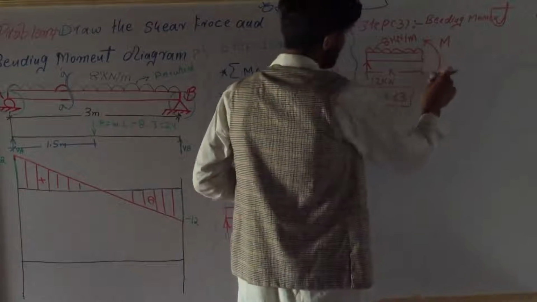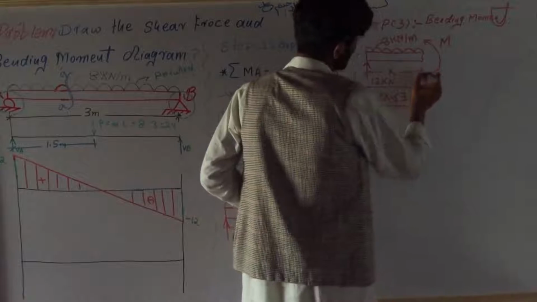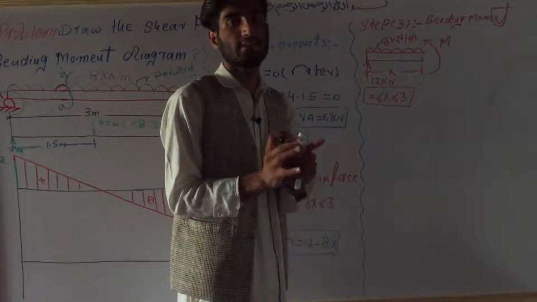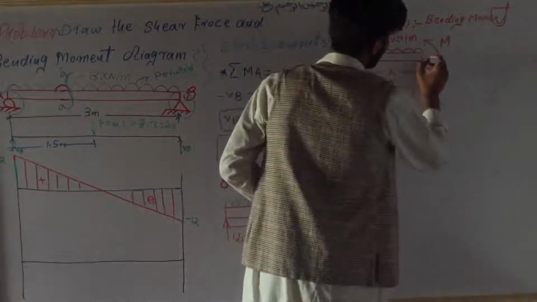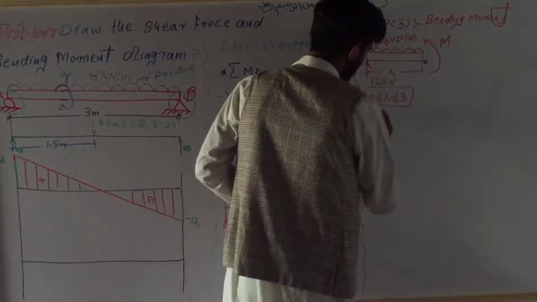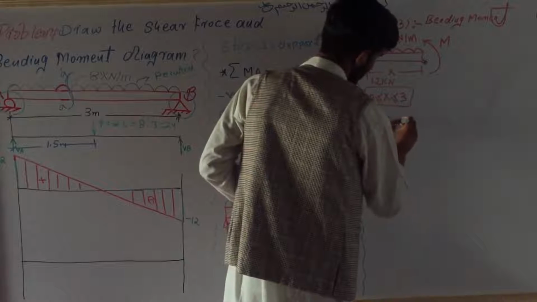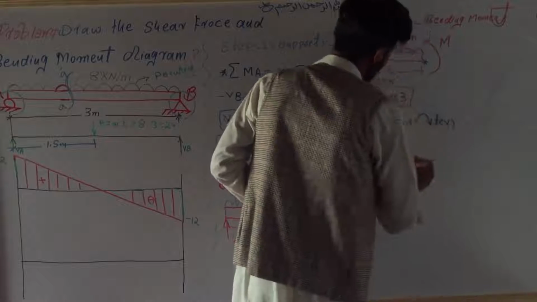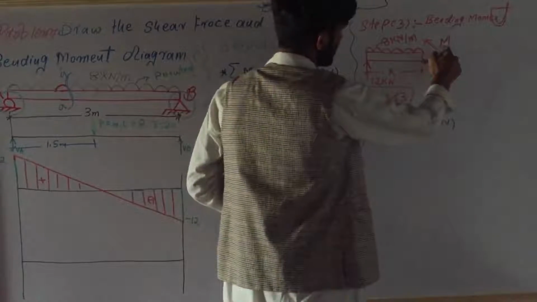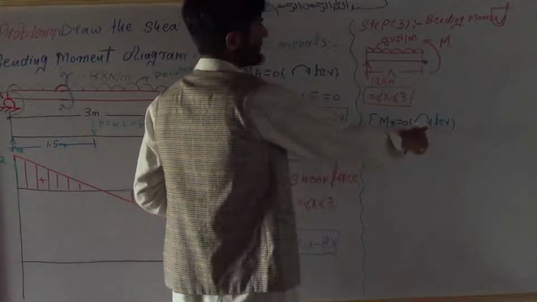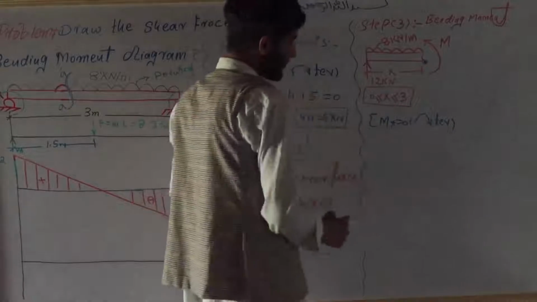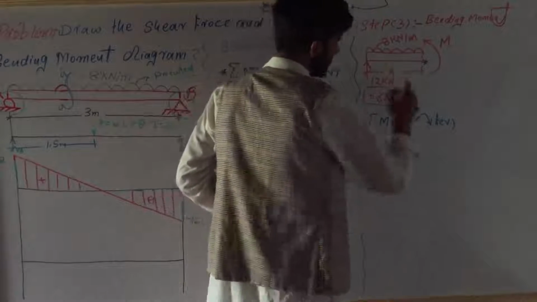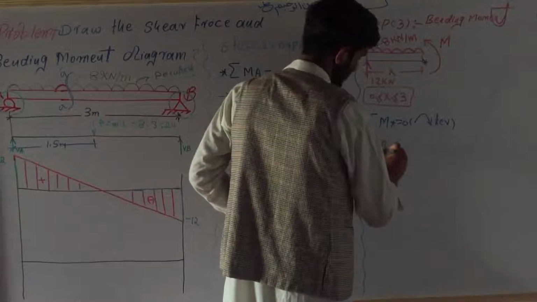So, if you want to find the moment in this section, you should take the moment about one point. I want to take the moment about this point. So let's say the sum of moments at the point equals 0. Our direction is like this, positive. This direction of moment is not equal, because it is opposite to our direction, so that's negative: M minus x.